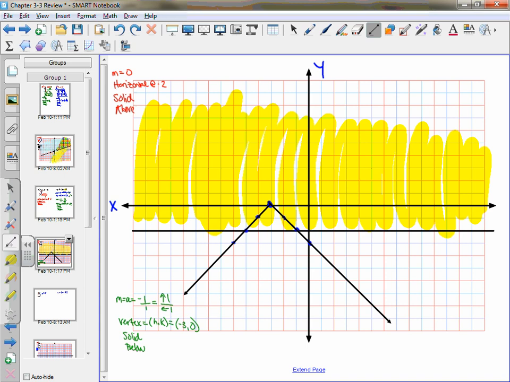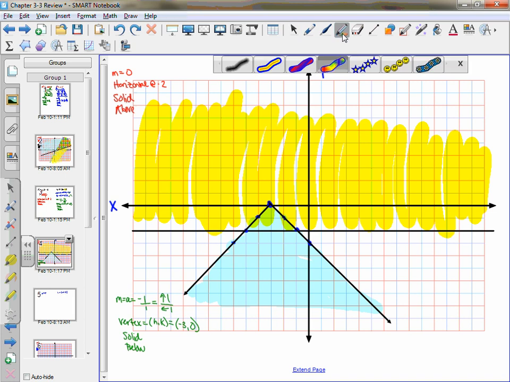And since there's my V, my question is, where's my shading, above it or below it? It is below it, so that means I'm shading on the inside of this thing. Now you tell me, folks, where is my overlapping region?